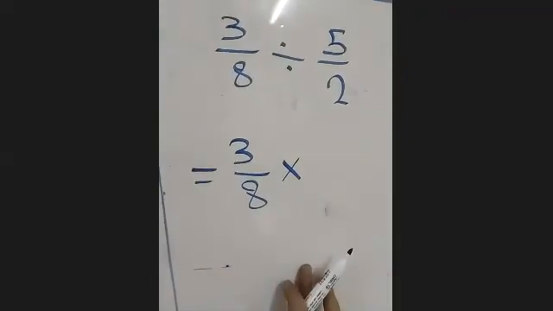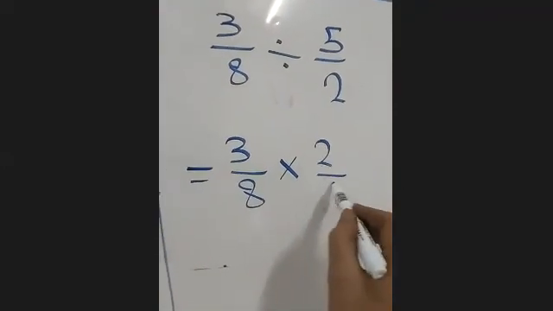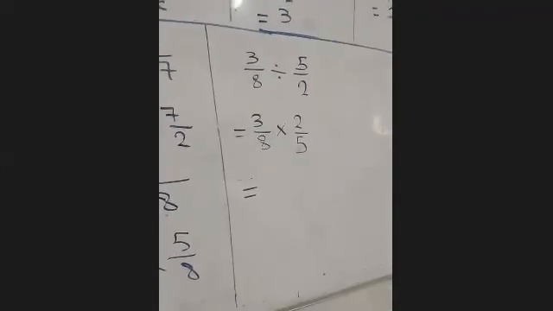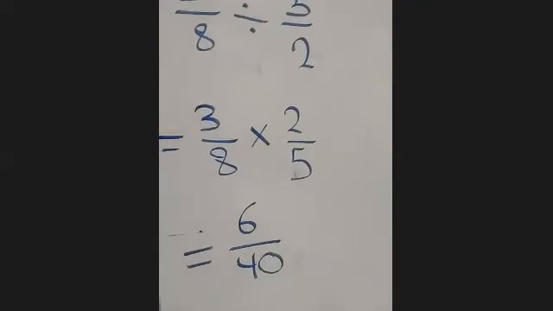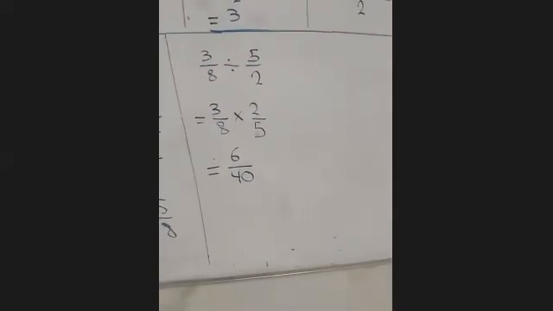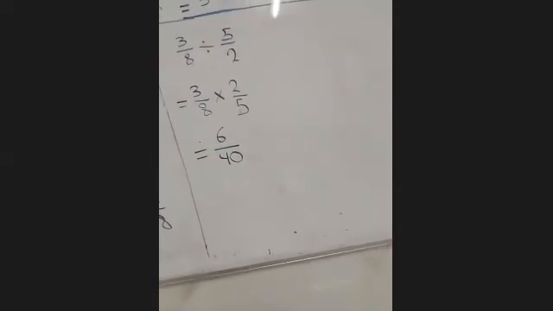Then we switch 2 over 5. Then multiply. 3 multiply by 2, 6. 8 multiply by 5, 45. How much is 8 multiplied by 5? 40.